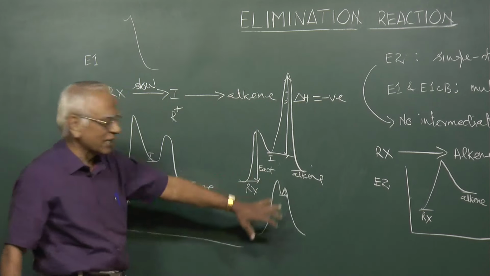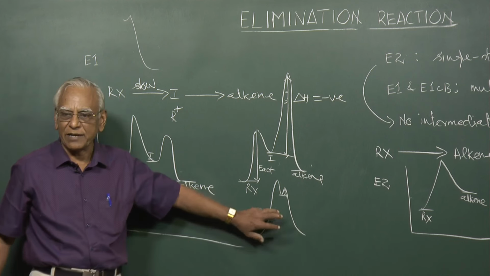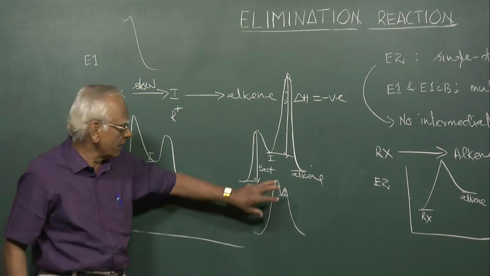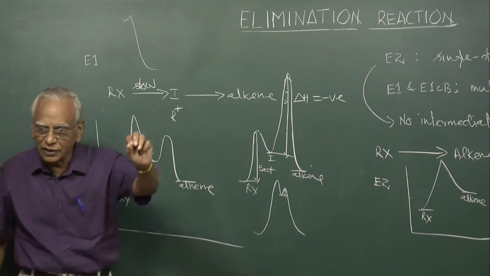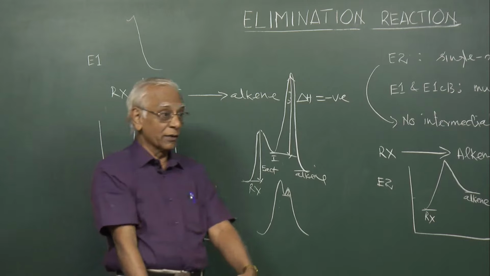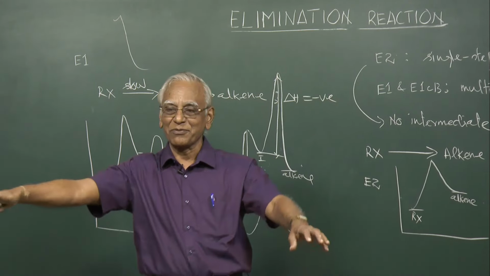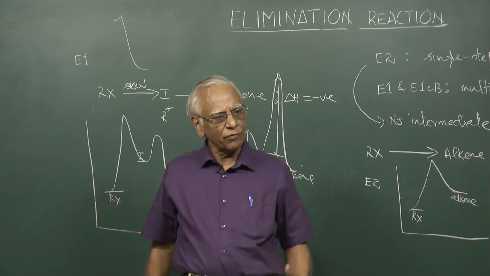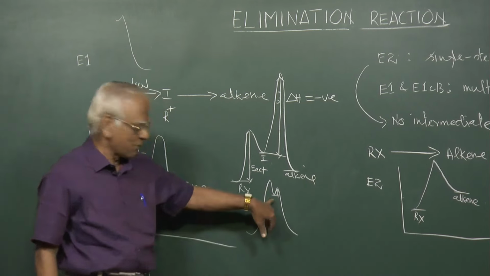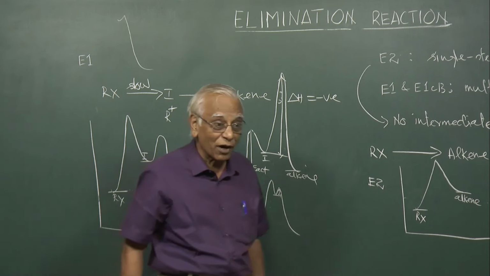So from the diagram also, I can get the nature of the intermediate, whether it's a stable, isolable intermediate, or it is one that can only be inferred. Now in this case, it can only be inferred because it is so reactive. By the time you stop the reaction and isolate it, it would have converted into the product. But are we not supposed to prove the presence, formation of this? Now we seek the help of the modern gadgets.